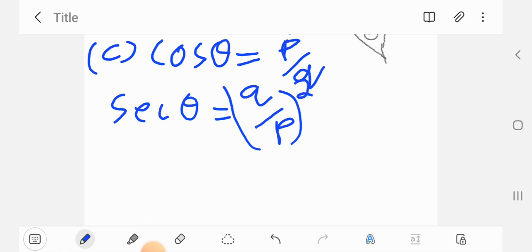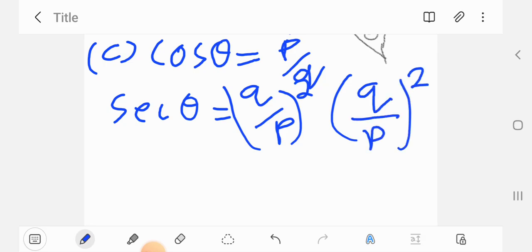So we just put the square there, like P over Q squared. Yes, this is how it is. That's how you're supposed to write it.